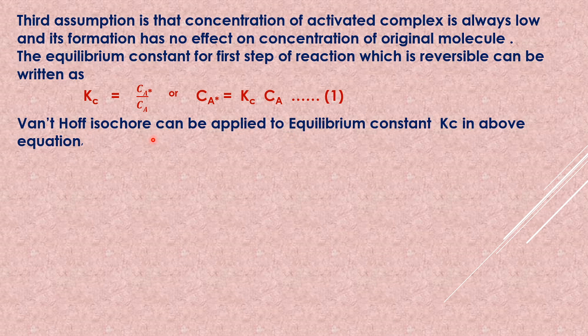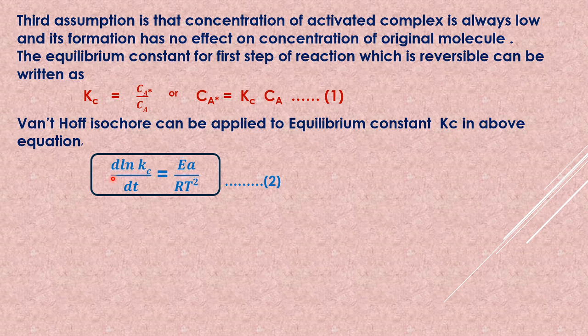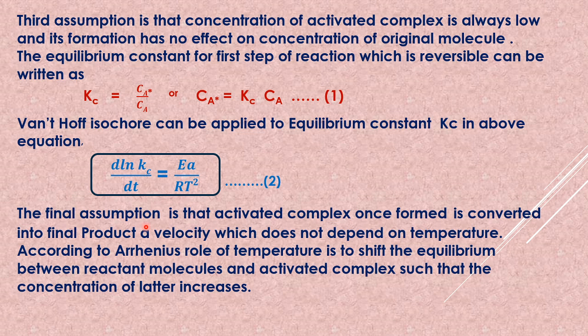If van't Hoff's isochore can be applied to this equilibrium constant Kc, then this equation can be written as d ln Kc divided by dT is equal to Ea upon RT square. The final assumption is that the activated complex, once formed, is converted into the final product at a velocity which does not depend on temperature.